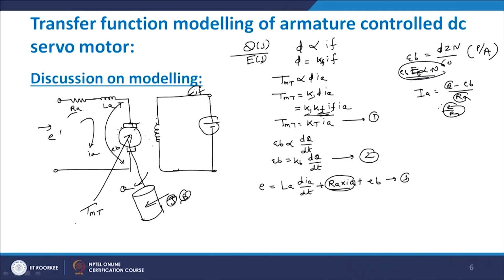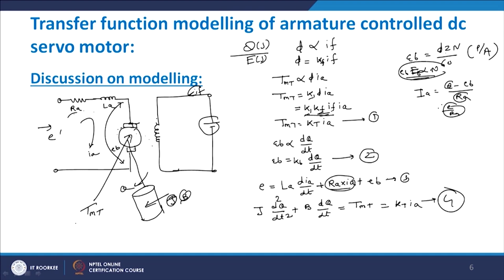So here we can write the torque equation: J d square theta by dt square plus B d theta by dt equals Tm, and this we have derived, that is equal to Kt into I. This is equation number 4.